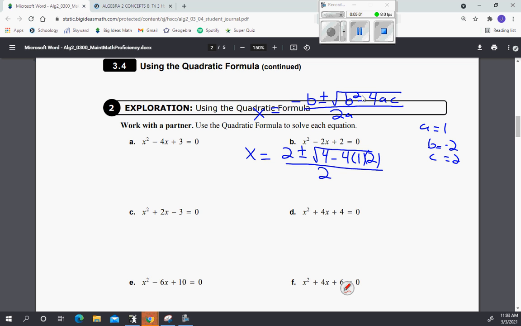I kind of do these in 3 different steps. x equals 2 plus or minus the square root of 4 minus 8 over 2. Okay, keep simplifying. x equals 2 plus or minus the square root of negative 4 over 2.